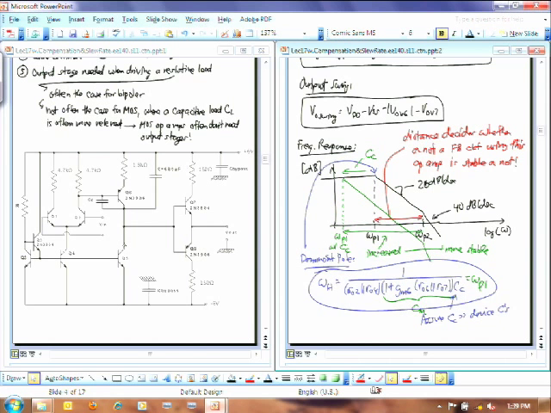What your lab asks you to do specifically is take this, which is already a compensation capacitor. I'll call it the initial compensation capacitor. Okay, so you want to take that capacitor and you want to replace it with this.